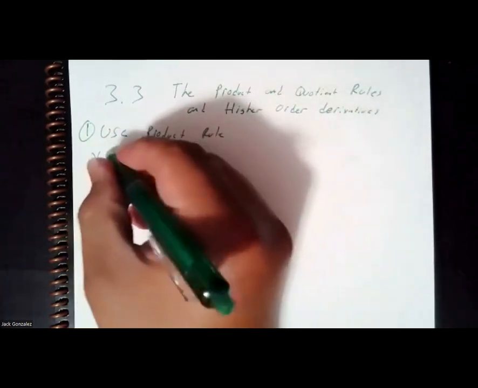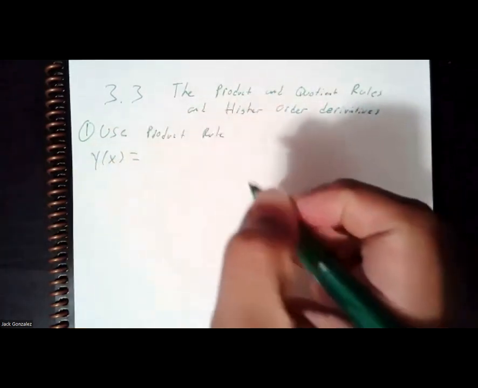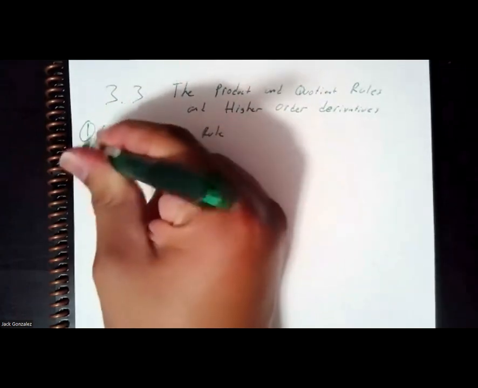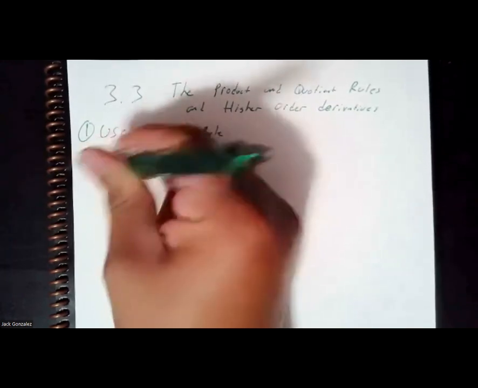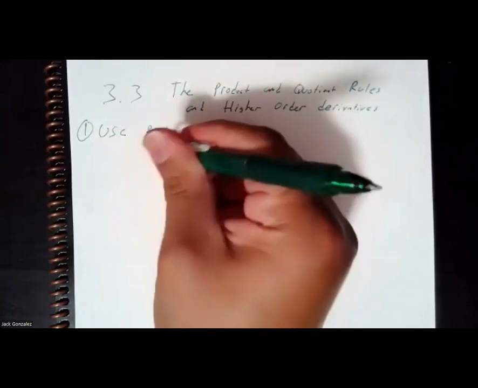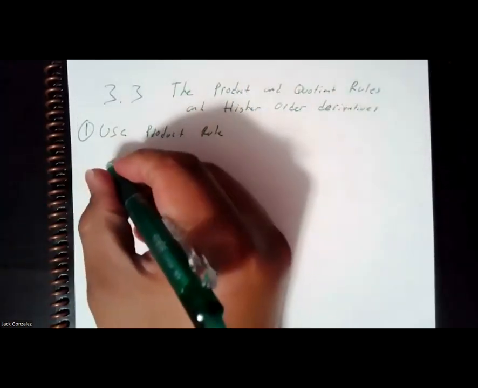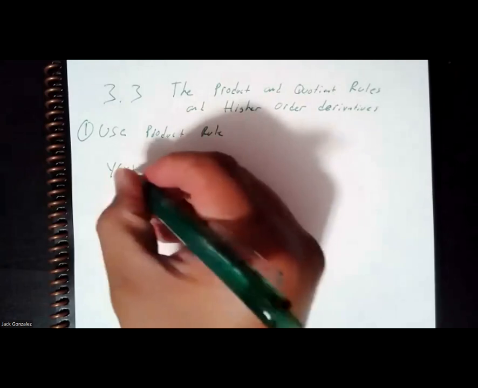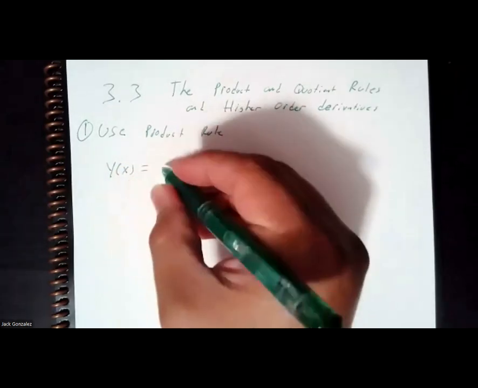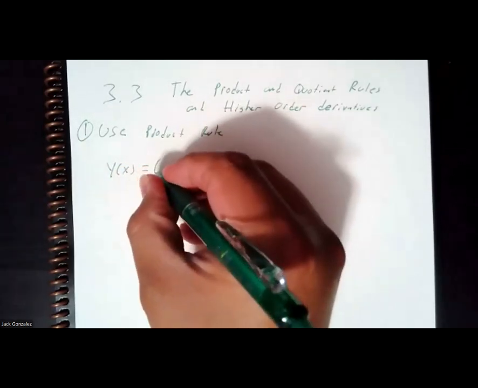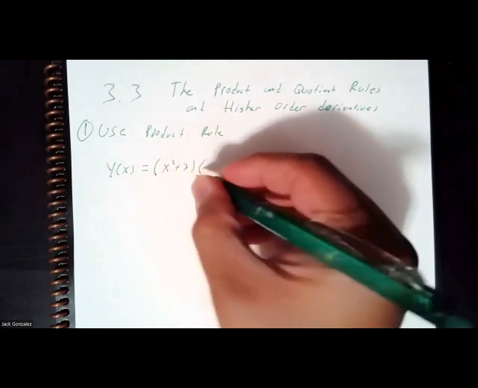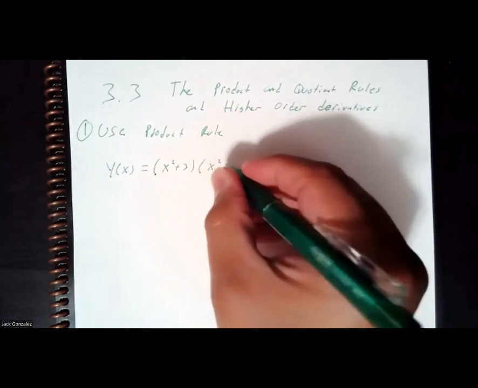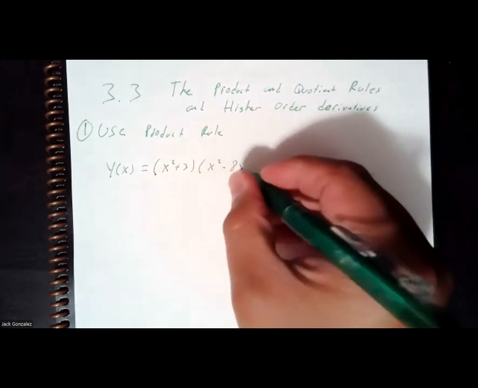I'm going to call it y of x equal to, let me make some space. x squared plus 3 times x squared minus 8x.